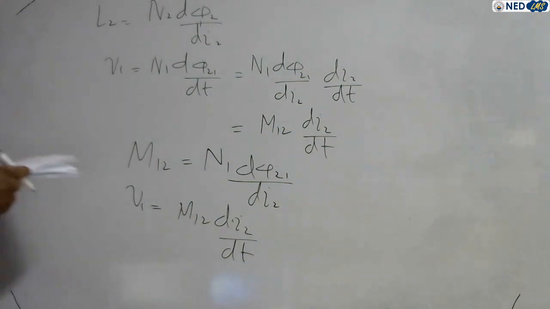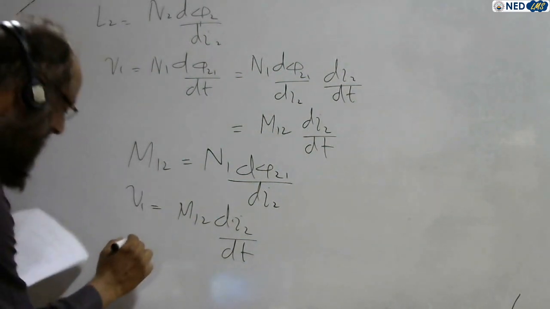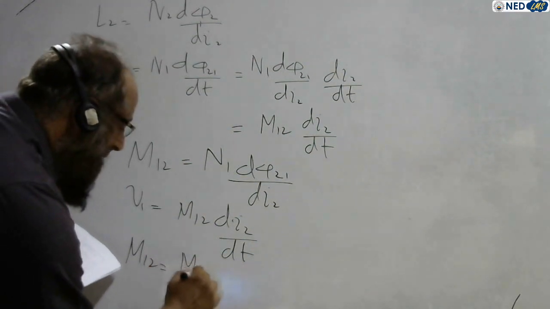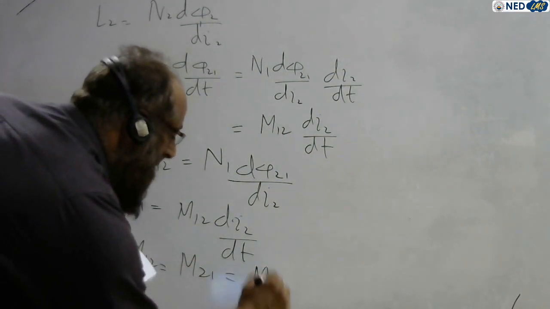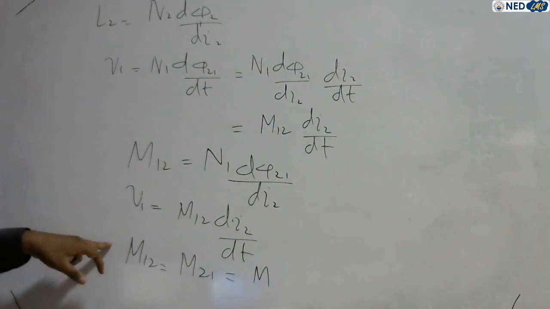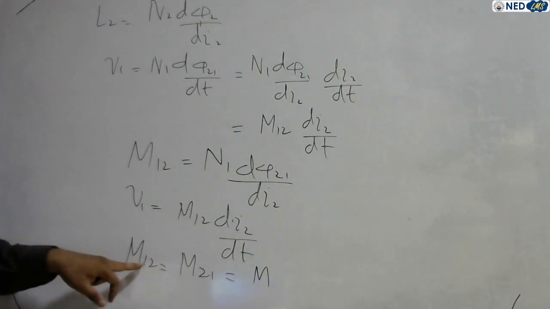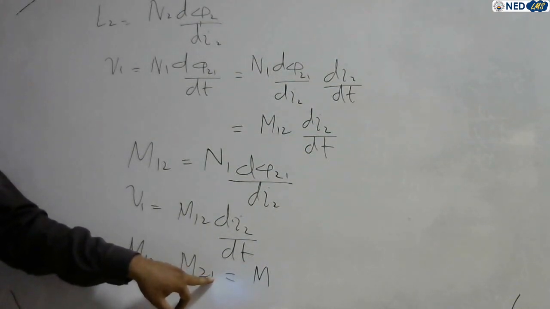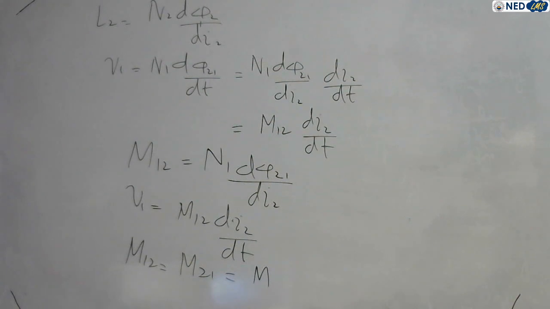So we conclude M12 equals M21 equals M. Mutual inductance of coil 1 due to secondary current, mutual inductance of coil 2 due to primary current. And finally, we designate it as M, that is mutual inductance. So mutual inductance is the ability of one inductor to induce a voltage across a neighboring inductor, measured in henries.